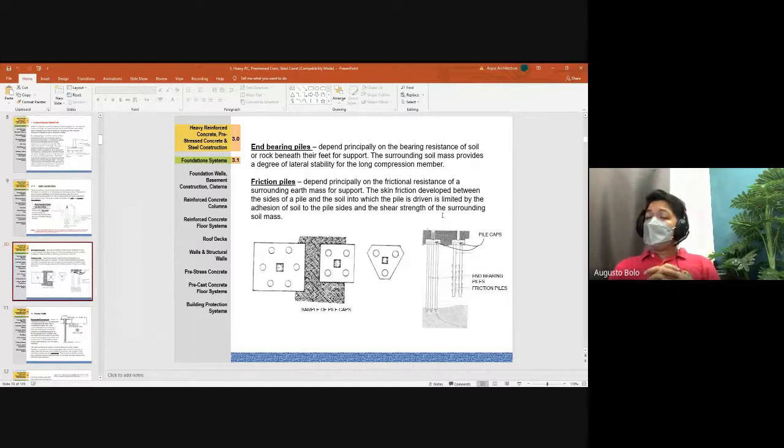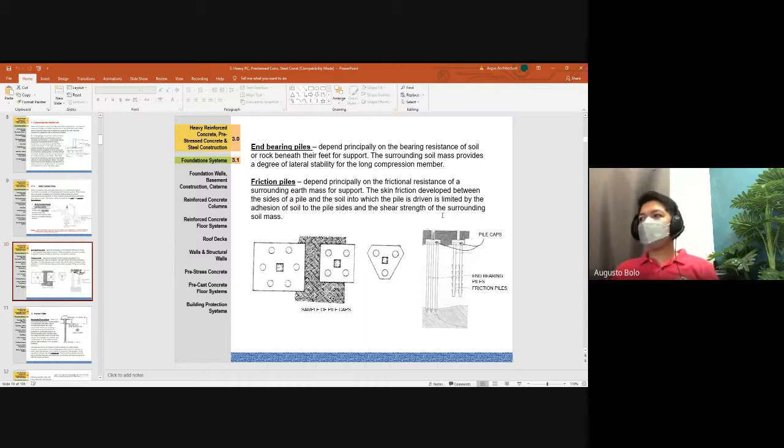Like in construction examples in Dubai, the Palm Islands or even the Burj Al Arab, which are constructed within the sea, they definitely use pile foundation to reach the entire stratum.